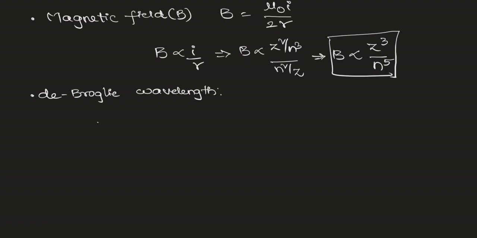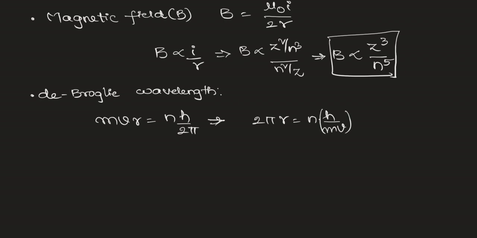As we have mvr equal to nh by 2 pi, I can write the same equation as 2 pi r is equal to n into h by mv, and this h by mv we call the de Broglie wavelength.